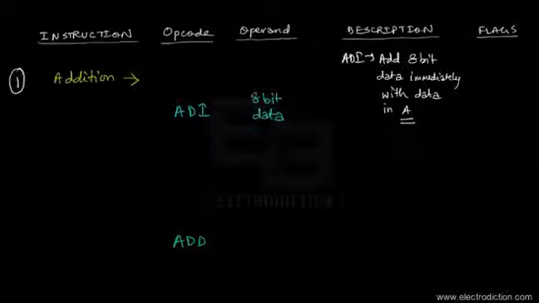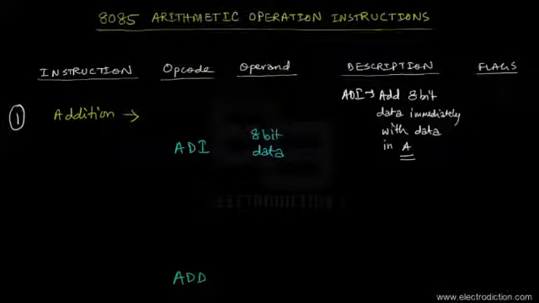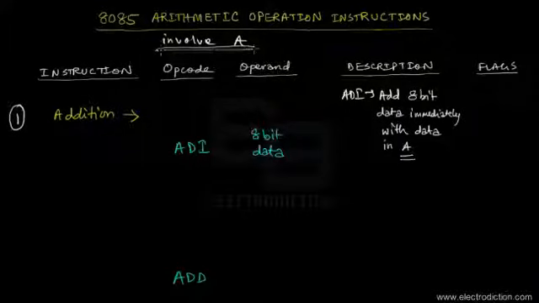Now let me just tell you, all the arithmetic instructions that you're seeing over here have one thing in common: they involve the accumulator, or register A. This is very important because whichever data you need to perform any kind of arithmetic operation on, you need to store that particular data in the register A, also referred to as the accumulator.